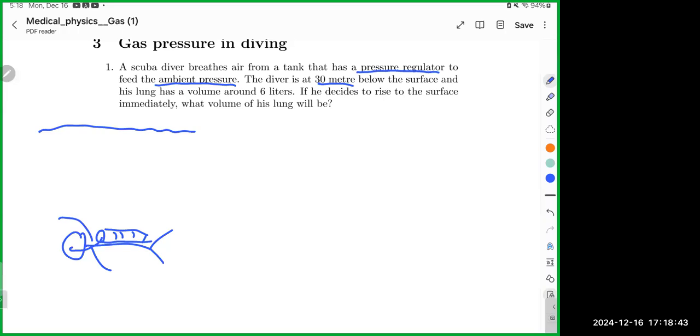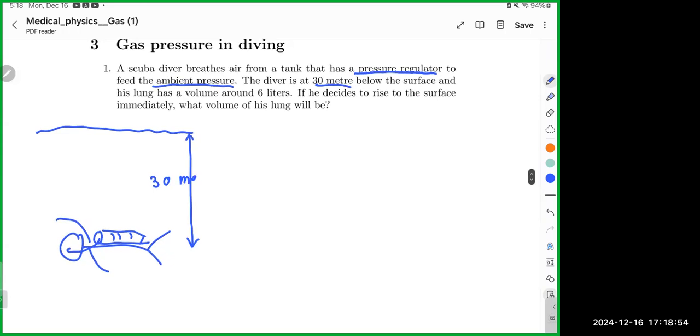So at 30 meters, at that time, the volume of his lung is around 6 liters at maximum.